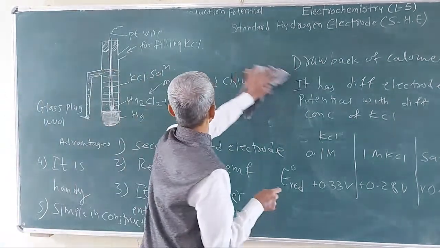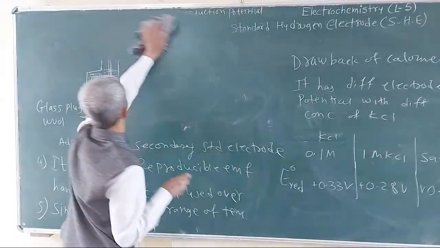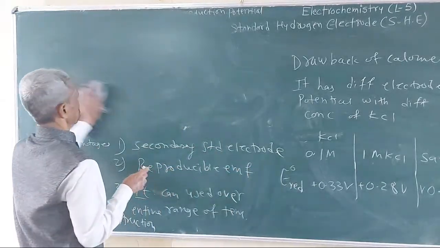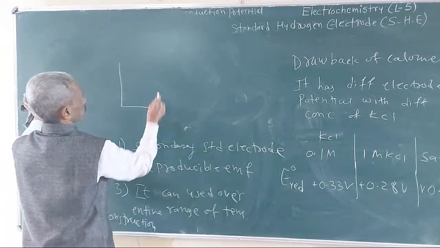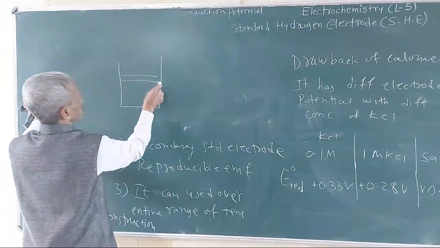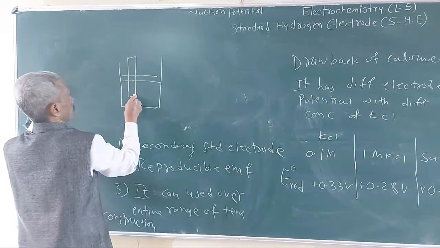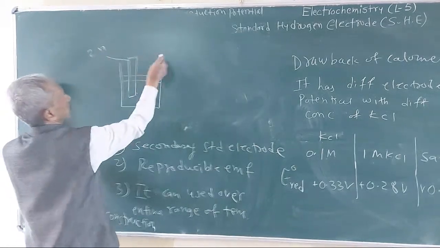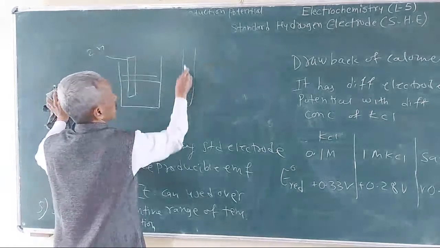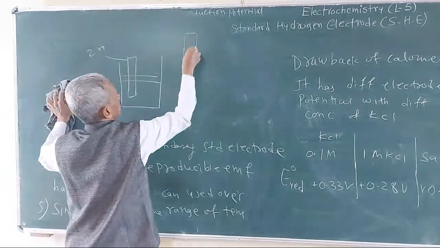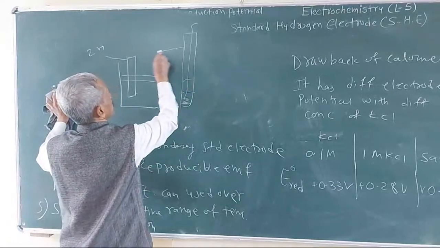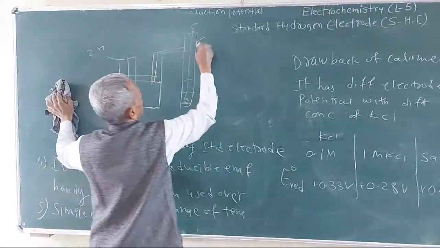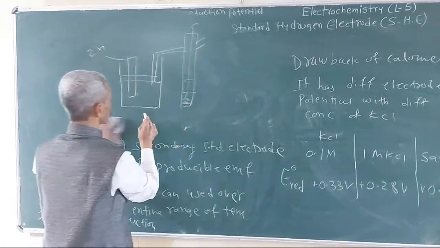Now, what is the use? How are they used? If we consider any electrochemical cell, suppose this is the solution, and suppose a zinc electrode is there, and suppose this is the calomel electrode with its side arm. So what cell is formed?